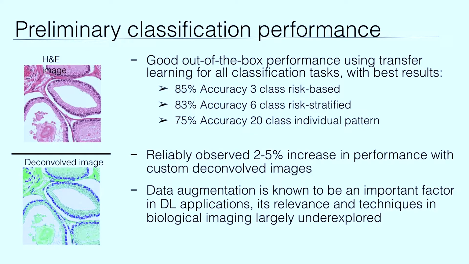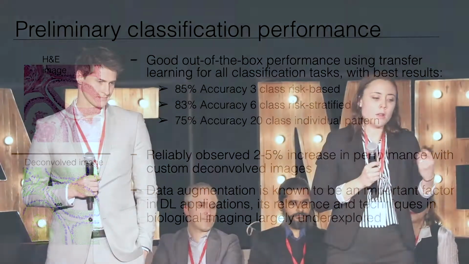So what we then do is some advanced image processing where we can deconvolve the images now into these stained channels, combine it with a black and white image, and now we have a deconvolved image that we can feed back through our network. And what we saw, just in general, we had good out-of-the-box performance on our classification task for all of our different systems.